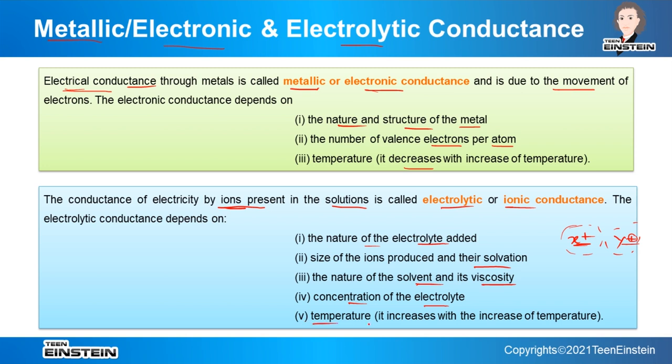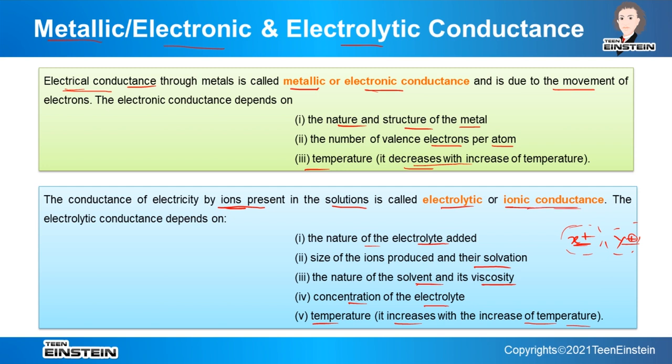And the last point, which is a major difference between these two types: in the case of electronic conductance, it decreases with increase of temperature, it is an inverse relation. But in case of ionic conductance, it increases with the increase of temperature. And we will also come to the reason behind that. But mainly in this chapter we will focus on ionic conductance, not metallic conductance.